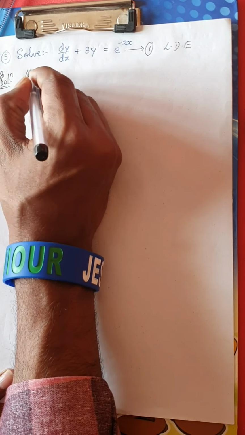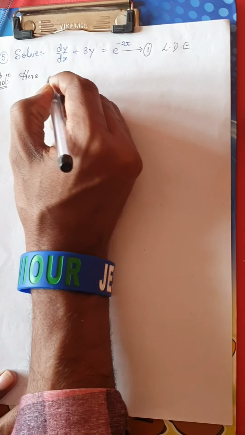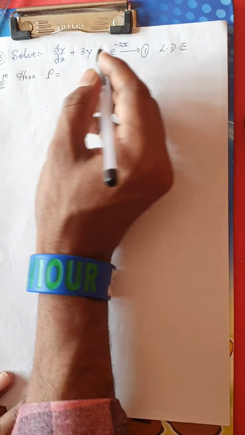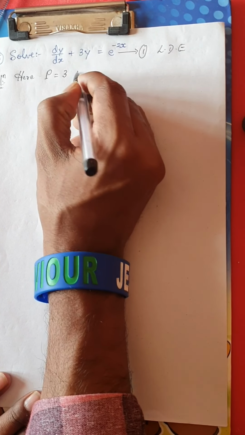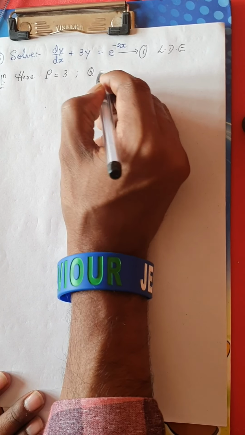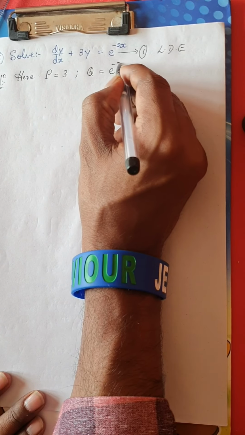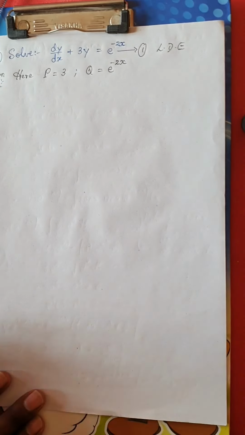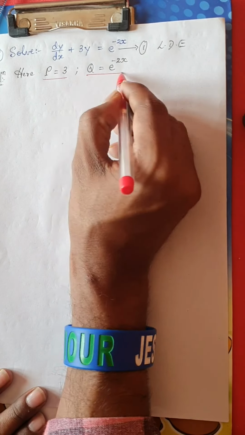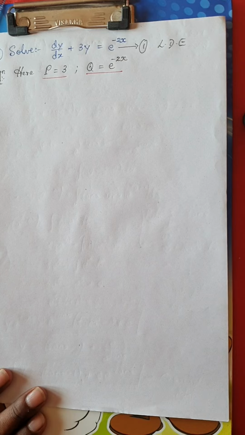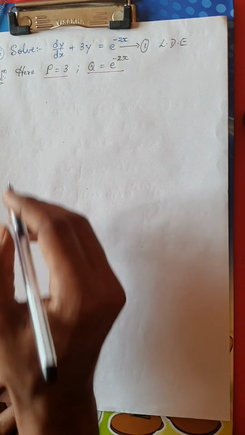Since the question is already in the standard form, I will note down the values of P and Q here. P would be only 3, since it is 3 times y, and Q would be nothing but e power minus 2x. Once my P and Q are ready, I'm going to find the integrating factor.